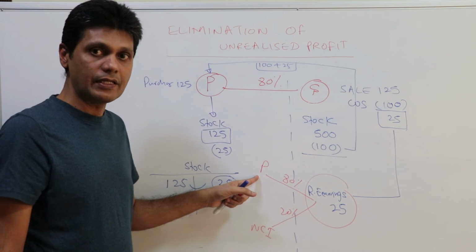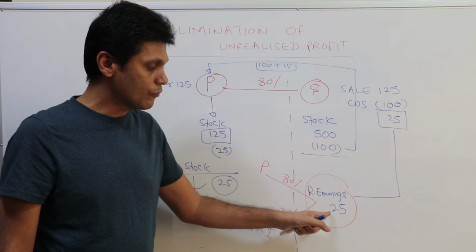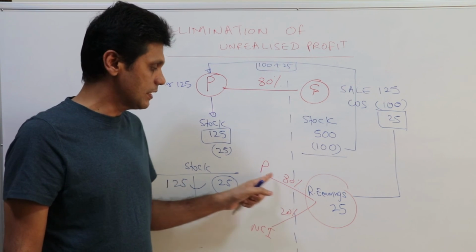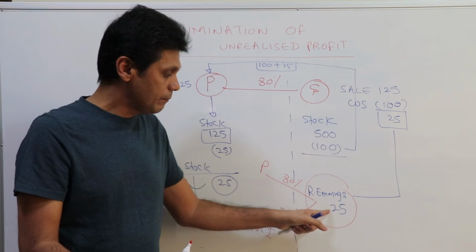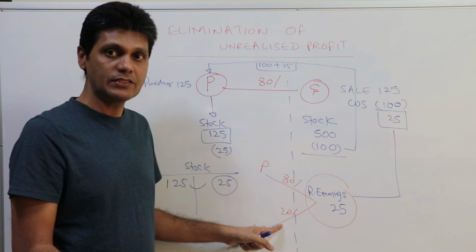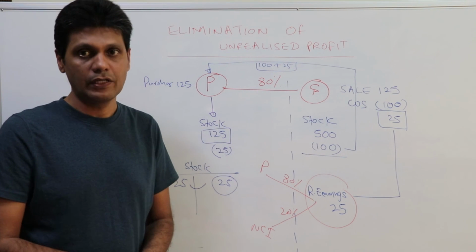So in the group financial statement, you need to debit the 80% that belongs to the parent company to retained earnings. 80% of 25 should be adjusted against the parent company retained earnings, and the remaining 20% has to be adjusted in the non-controlling interest.